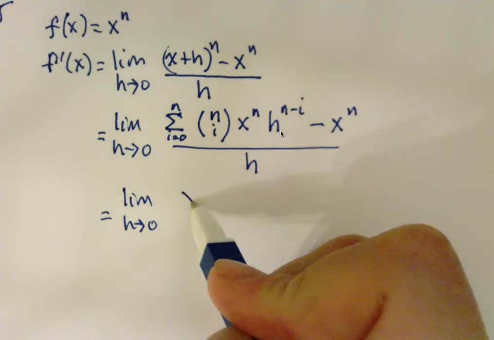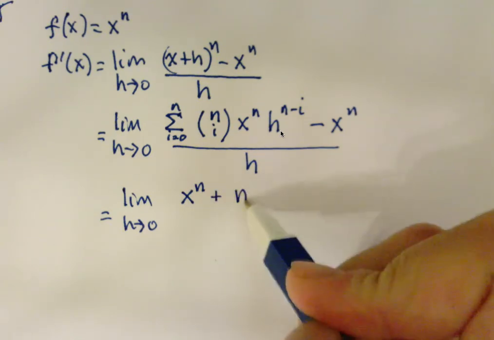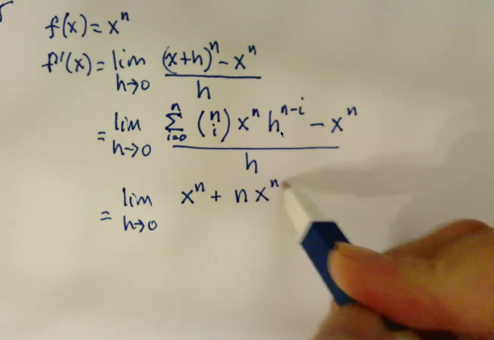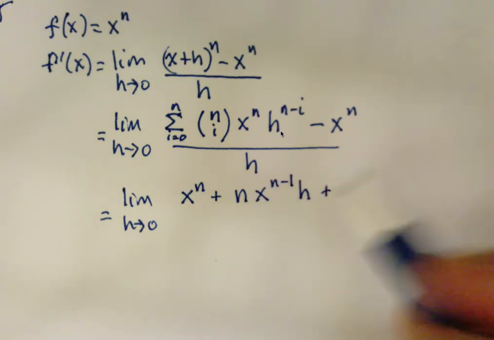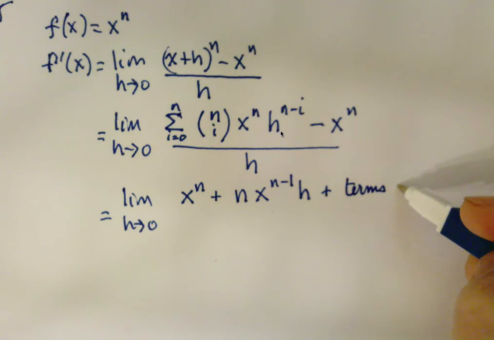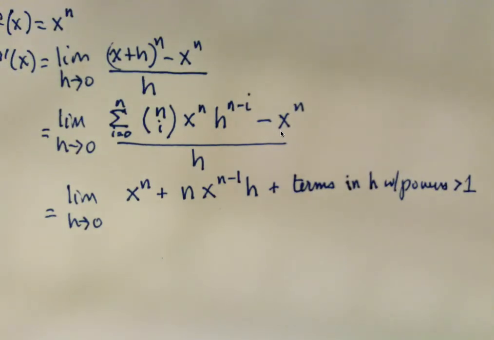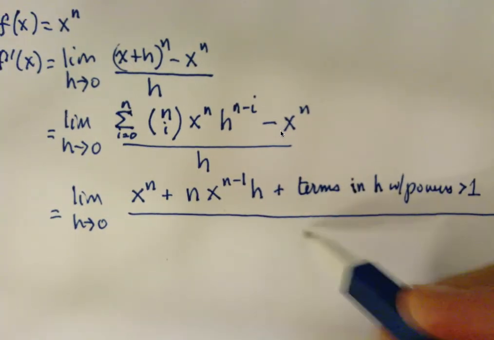The first two terms are x to the n plus n x to the n minus 1 times h, plus all terms in h with powers greater than 1, minus x to the n, again the whole thing over h.